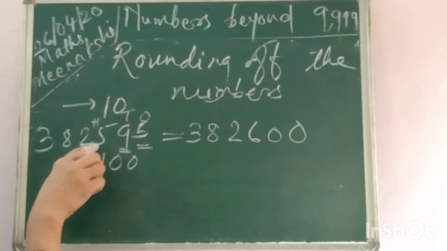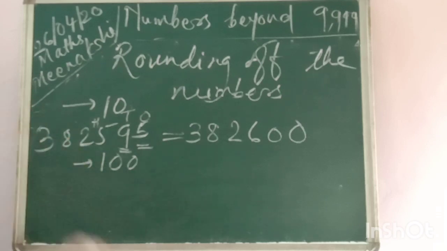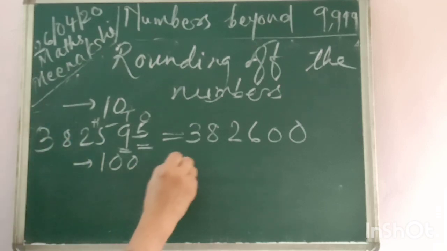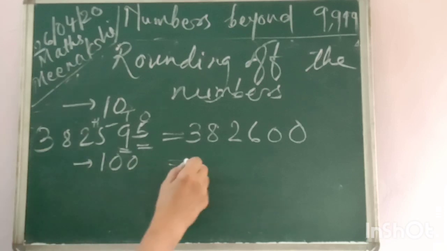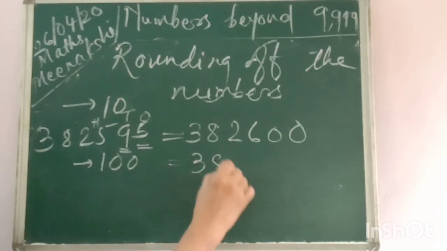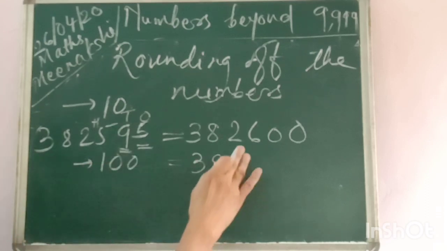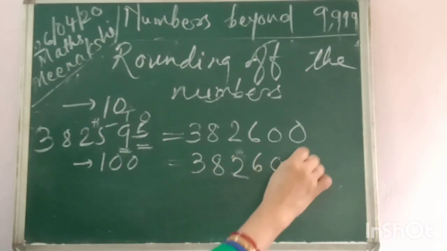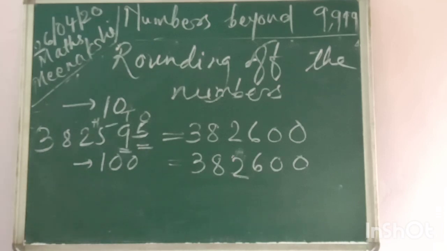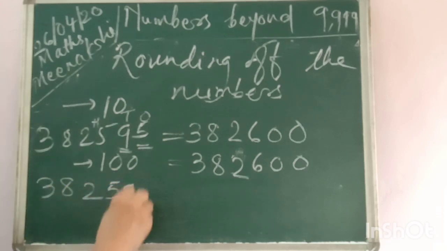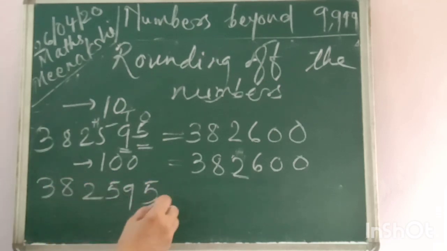Hence, the hundreds digit will go to the next 100, and your number will be rounded off to 382,600. It will be 382,600, to the nearest 100 we are doing, isn't it?